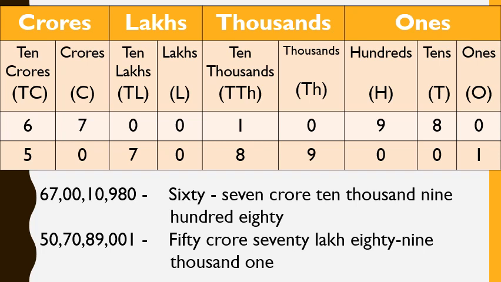Third example, 67 crore, 10,980. Fourth example, 50 crore, 70 lakh, 89,001.